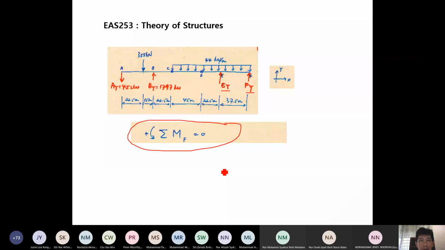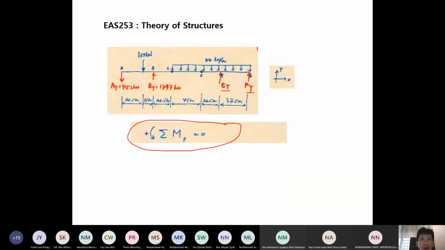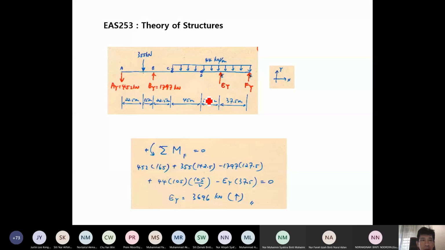Then if we write down the equilibrium equations, this is where you need to apply the correct principle of moment caused by all the forces, including all the support reactions and this distributed load, at point F. Then we will get EY 3696 kilonewton. Positive means the direction that we assume, going up, is correct.